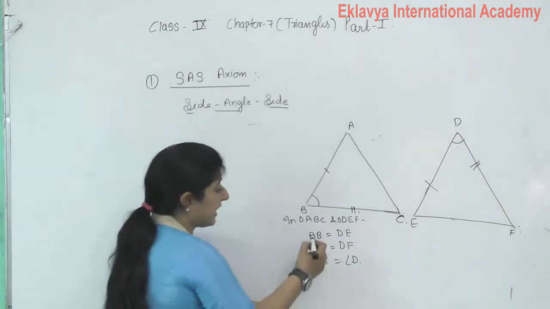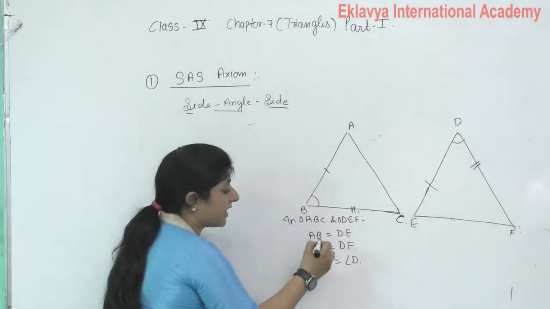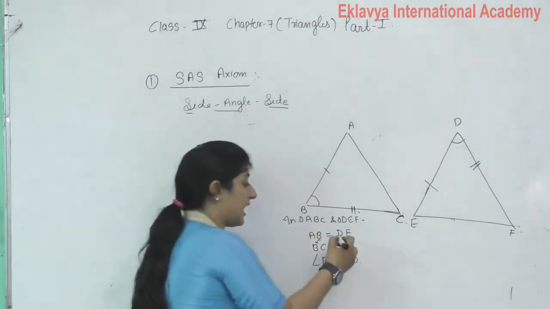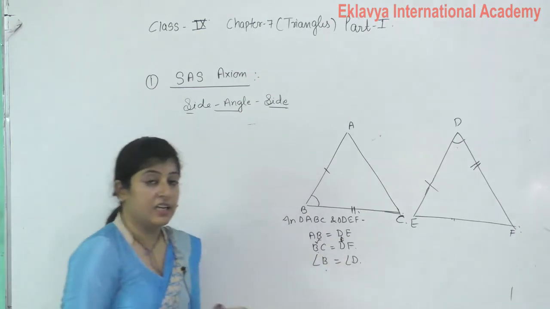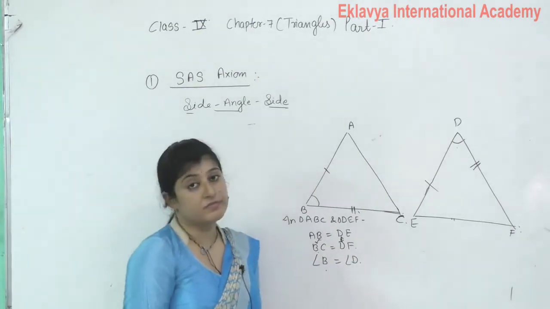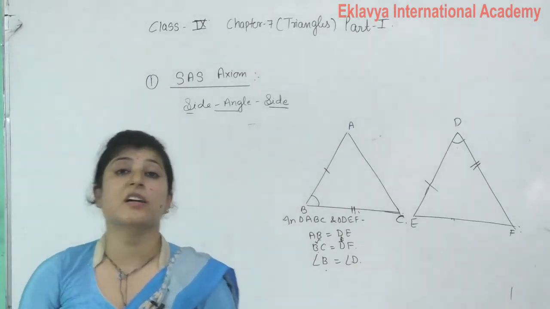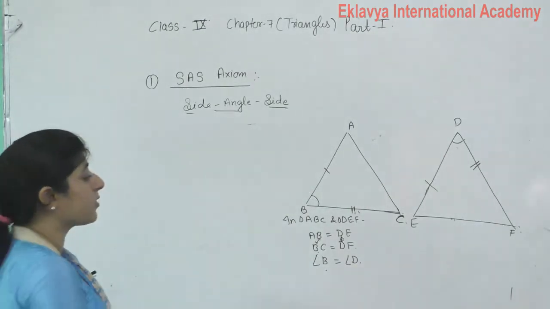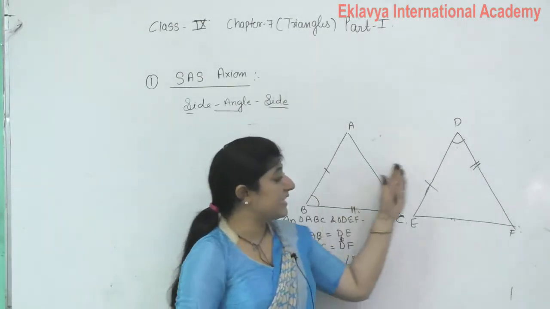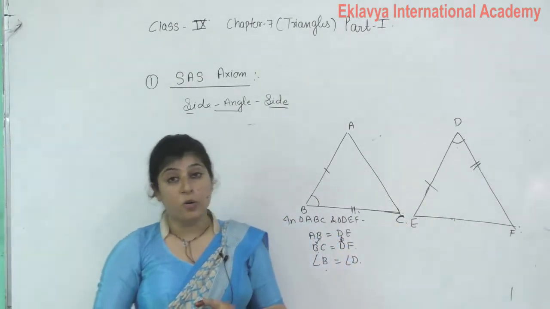Check it. AB and BC, what is the common vertex? B here, and here the common vertex is D. So angle B is equal to angle D. It means by SAS axiom, or SAS congruency rule, we can say these two triangles are congruent.